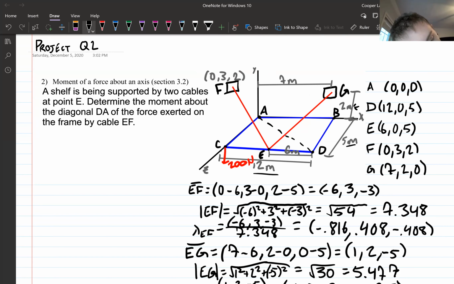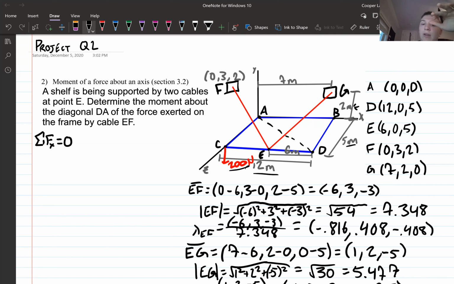So that means I'm going to start off with my sigma f sub x again equals 0. There's only two cables this time, and I know that this negative 200 here is directly downwards, so there's going to be no effect of it in the x-axis.